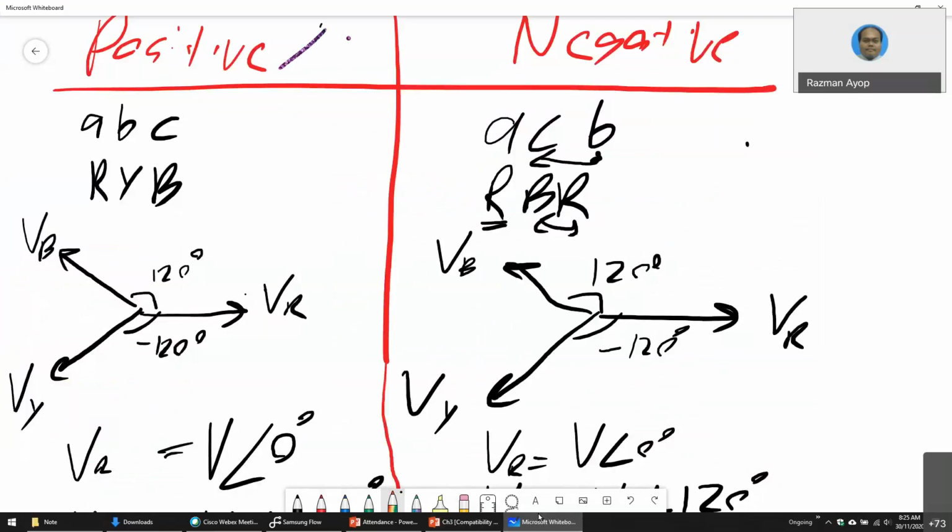Never use the negative one, except if the question asks. But usually they will not ask negative sequence because the steps are a little different from positive sequence. Remember, use this one.